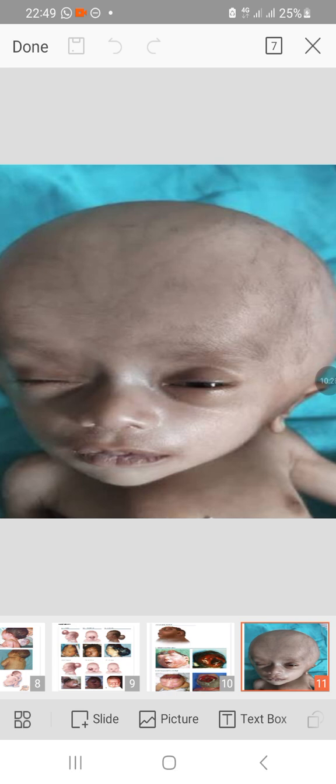What happens here is there is accumulation of cerebrospinal fluid in the skull. There is nothing else, just accumulation of cerebrospinal fluid.